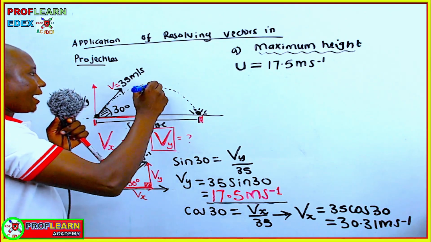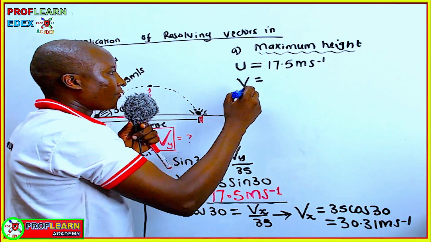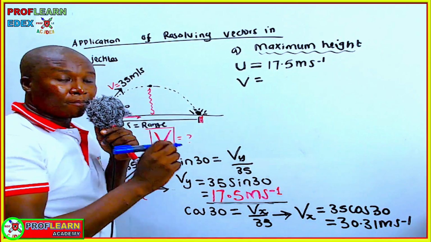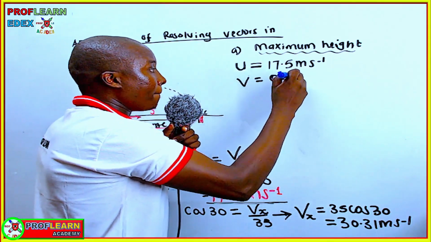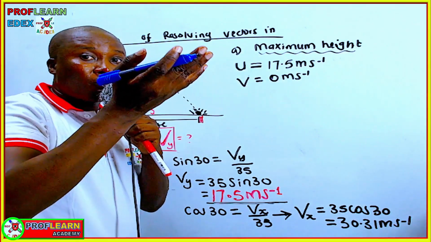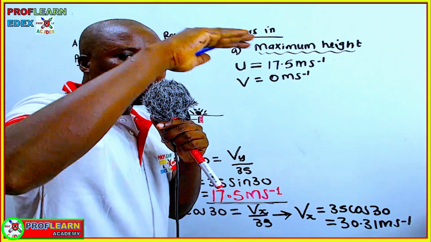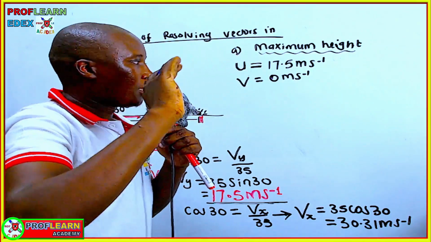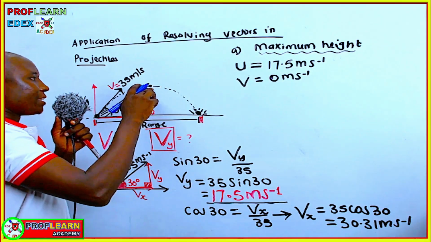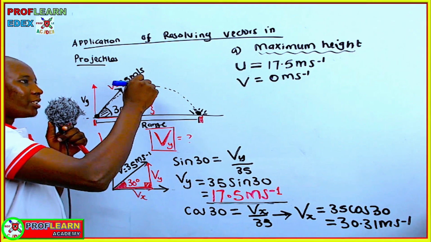Then at the highest point, the final vertical velocity is going to be 0 meters per second. Because if you project an object to move up, the speed of the object will keep on slowing down until it reaches the maximum point. It will be momentarily at rest here, right? The speed at which this object is moving up at this point will be 0.